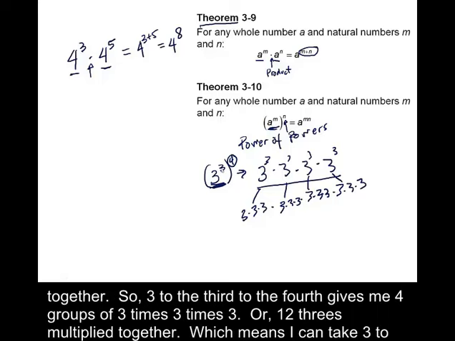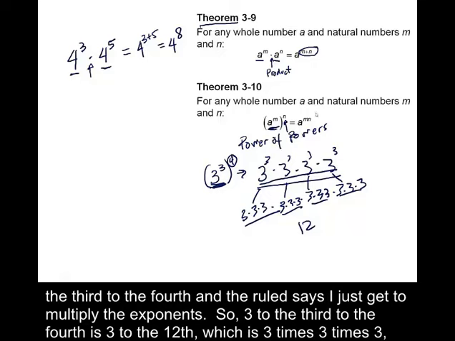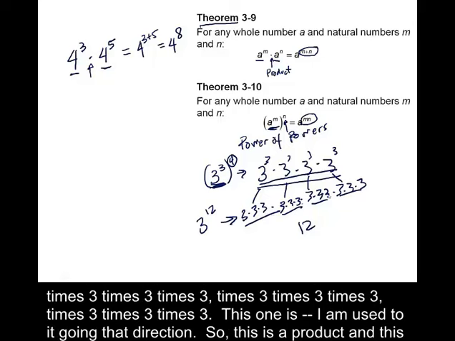So 3 to the 3rd to the 4th gives me 4 groups of 3 times 3 times 3, or 12 threes multiplied together, which means I can take 3 to the 3rd to the 4th, and the rule says I just get to multiply the exponents. So 3 to the 3rd to the 4th is 3 to the 12th, which is 3 times 3 times 3, twelve times.